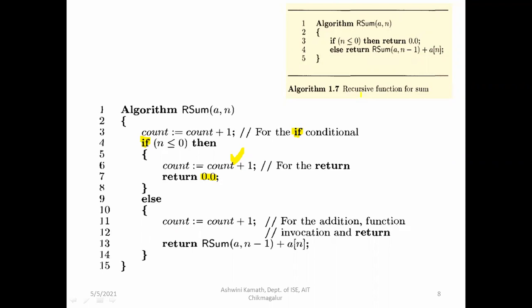One is for the if condition, whether it is true or false. Whether it is true or false, it will count how many times this comparison is executed. We know that when we call this recursive sum, every time this if condition will be executed to check whether the value of n is less than or equal to 0 or not.